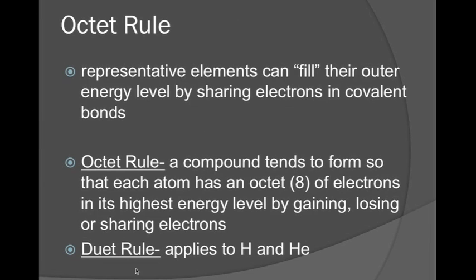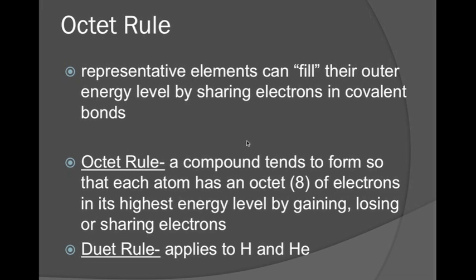Moving on to the octet rule. The octet rule represents all elements sharing 8 valence electrons, and a compound tends to form so that each atom has 8, or an octet, of electrons in its highest energy level by gaining, losing, or sharing electrons. So everything needs to have 8.